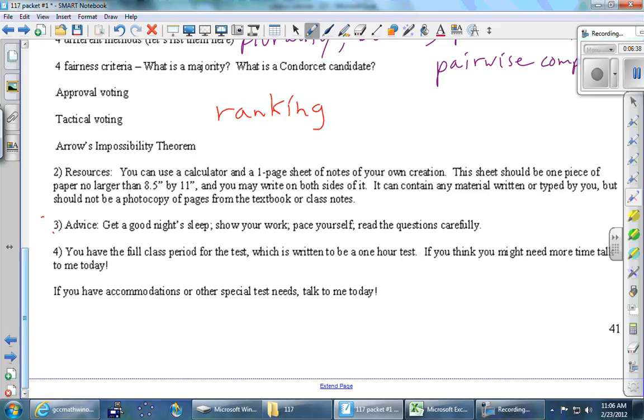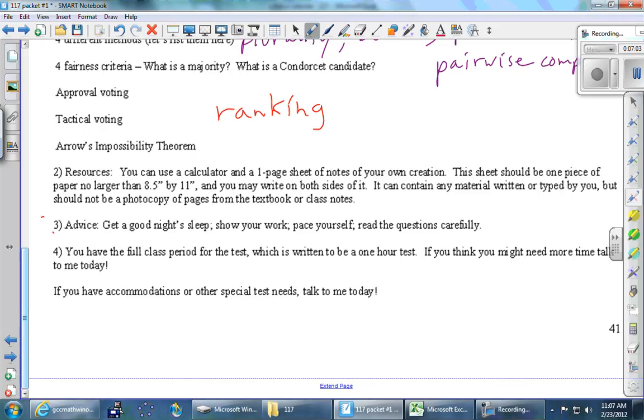Okay, so we start at 11 o'clock, and we'll start the test promptly at 11 o'clock on Tuesday. Our class ends at 12:15. I'm free after 12:15 if some folks need a little bit of extra time, and I think that this room is available. The difficulty is if you have a class that you have to go to right at 12:30, I can't let you leave and then come back and finish the test another time.